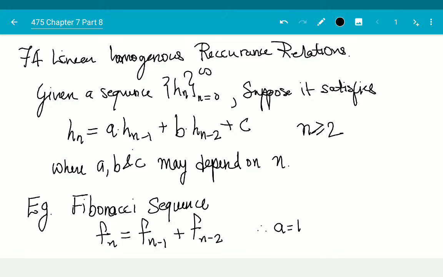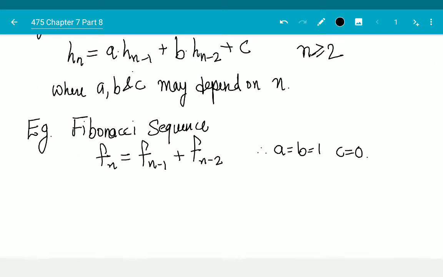Therefore, a is equal to b is equal to 1, c is equal to 0, right? And as we discussed before, it is important to write for Fibonacci numbers what f of 0 and f of 1 are.